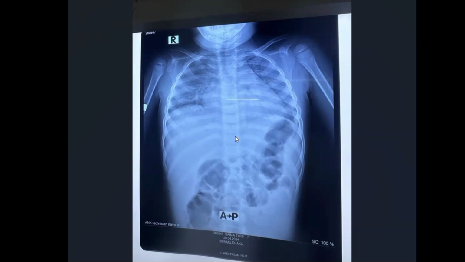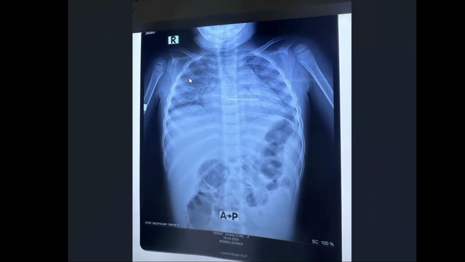And how we can differentiate upper, middle, and lower zone: we can count ribs. This is first rib, this is second rib, this is third rib, this is fourth rib, this is fifth rib, this is sixth rib. If the lungs are hyperinflated, then the lung crosses anteriorly 6 ribs, then we call it hyperinflation.